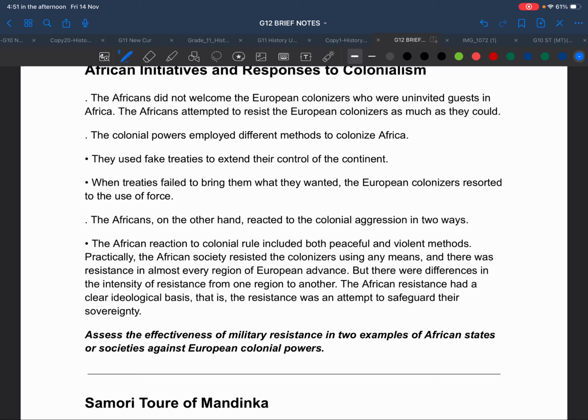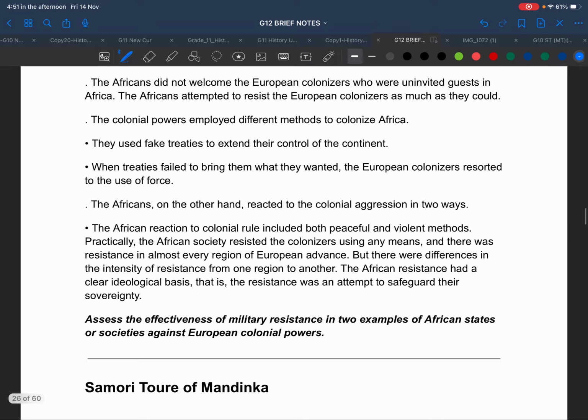Despite the many problems Africans had, they attempted to resist European colonizers, which was better than silence.